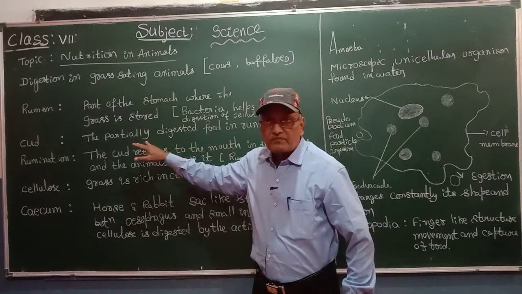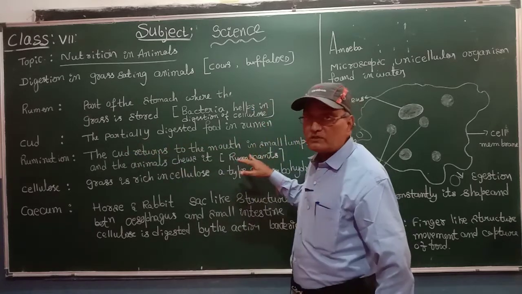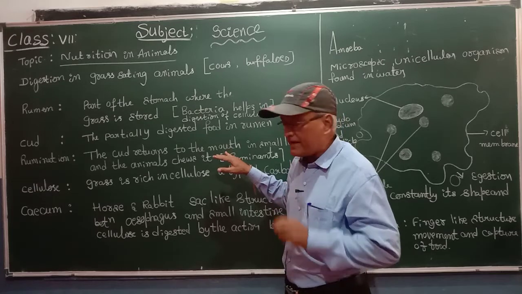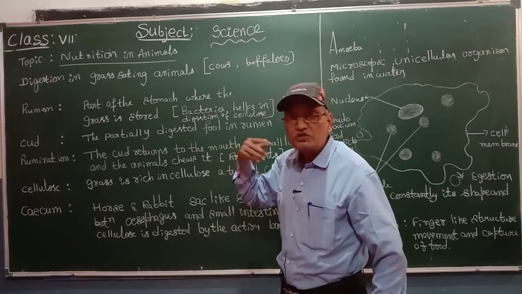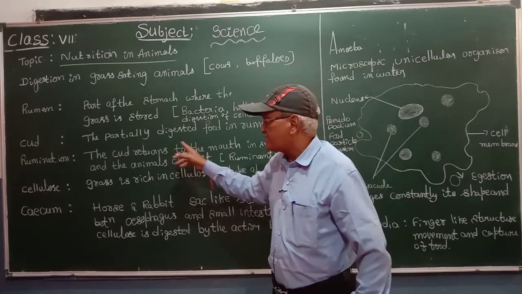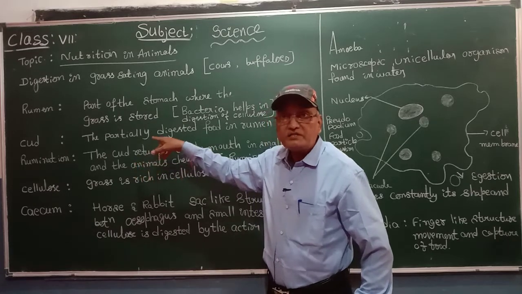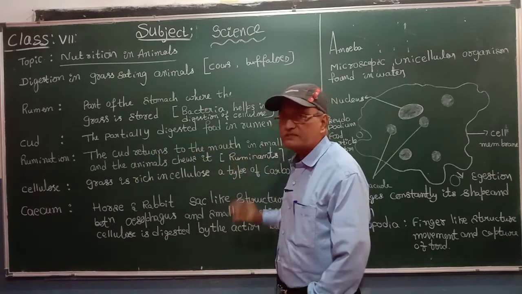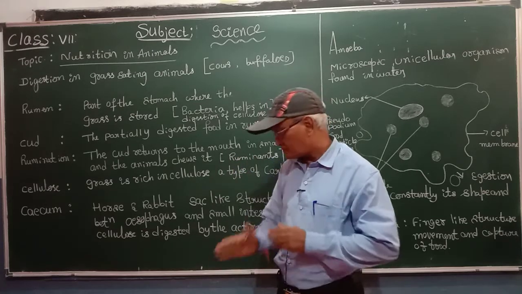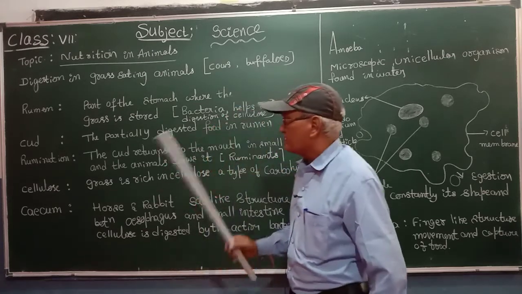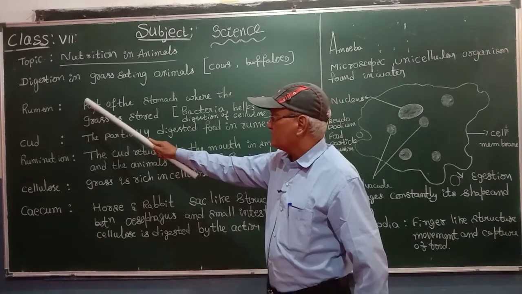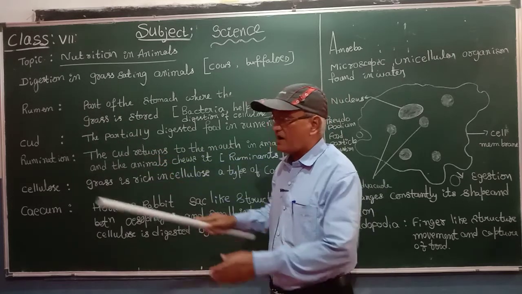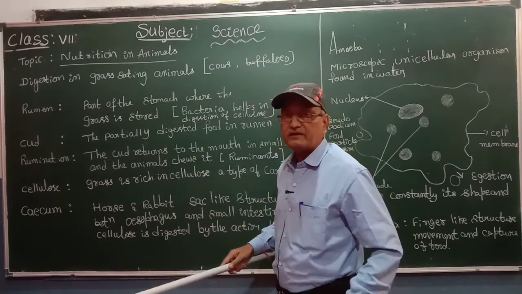Again it returns to the mouth and the animal starts to chew. This process we call rumination. The animals which show this process, we call ruminants. Are you following, children? Rumen, cud, rumination I have explained in detail.